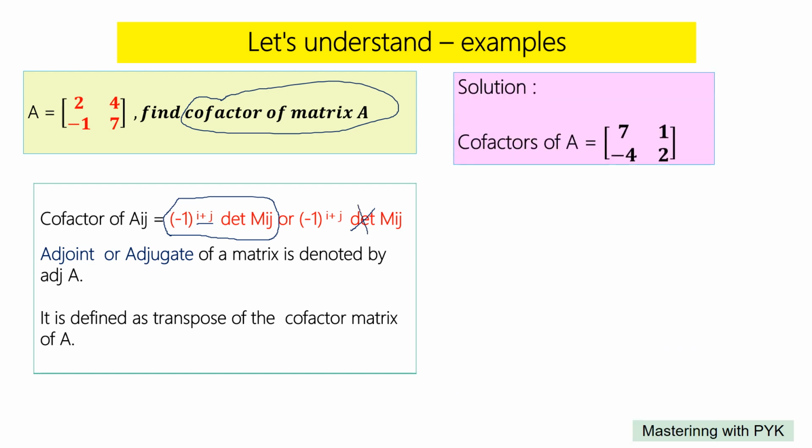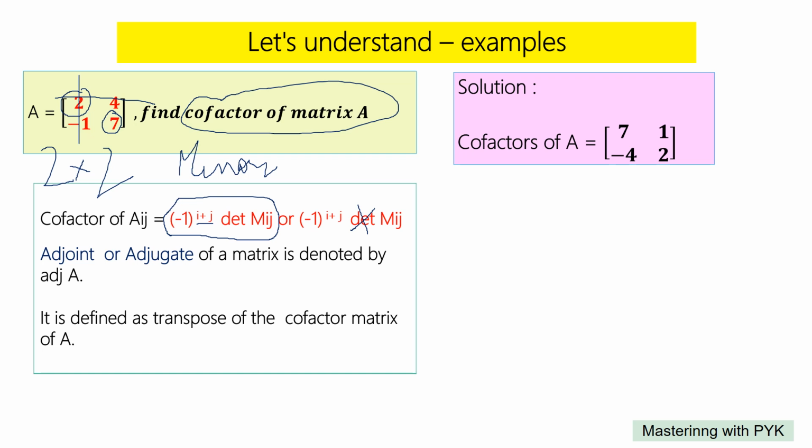M is denoted by minus for minus. So how do we find the cofactors? This is a very simple matrix because it is 2 cross 2. For the M11 position, we ignore its row and column. So we are left with 7 only. The determinant is not possible because we need a minimum of 4 elements.